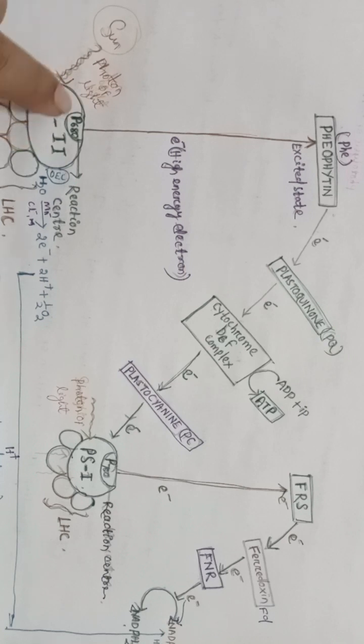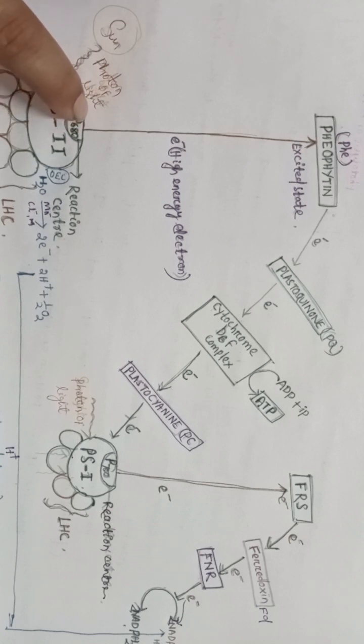Okay, then what about the reaction center of photosystem 2? It also releases an electron. Now it is in a deficient state.